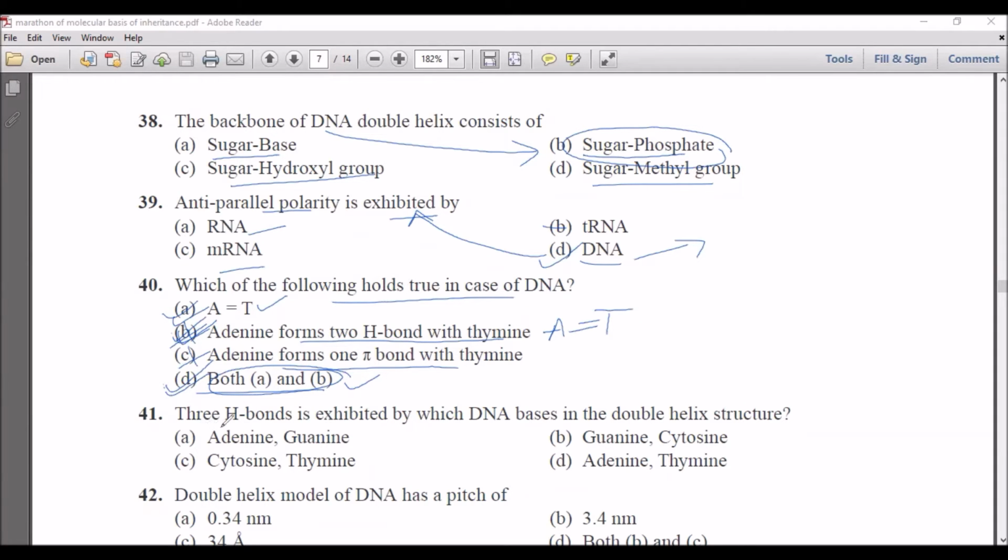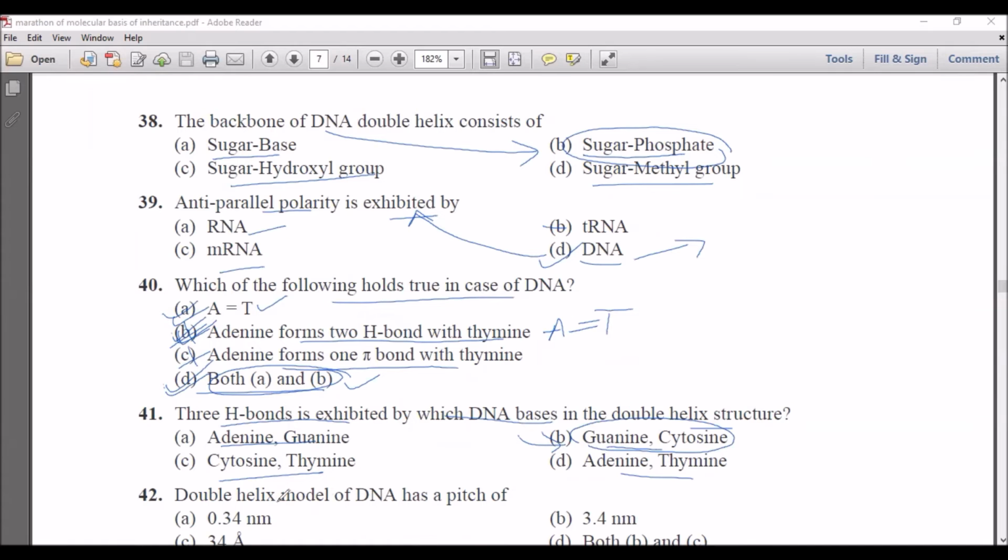Next question is, 3 hydrogen bonds are exhibited by which DNA bases in the double helix structure? First is adenine and guanine, second is guanine and cytosine, third is cytosine and thymine, and fourth is adenine and thymine. Now the bases exhibiting three hydrogen bonds in the double helical structure are guanine and cytosine.